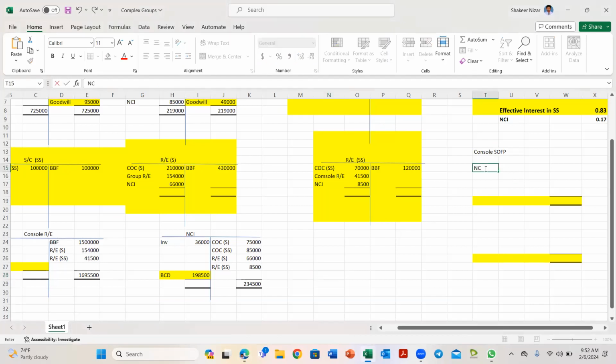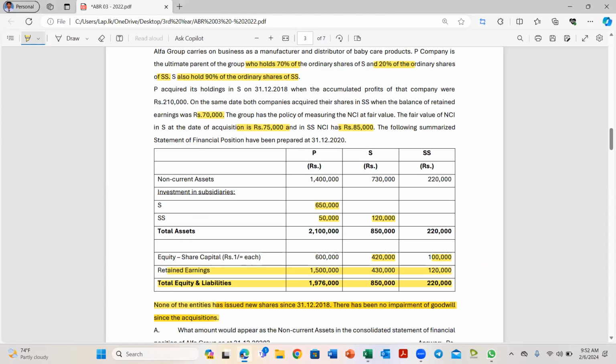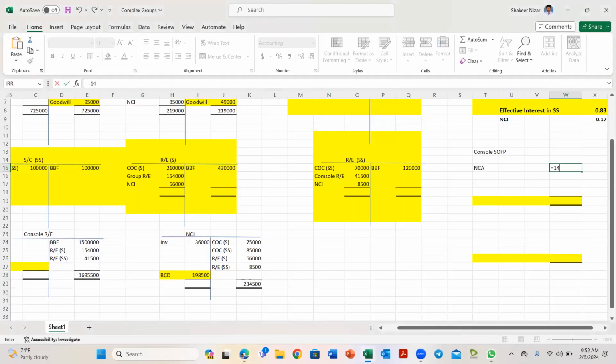Now we can fill up the balances, the non-current assets, on a line by line addition basis. Here write NCA, non-current assets, just line by line addition. We have 1.4 million, 730,000, 220,000, right? And the goodwill on business combination. What is the goodwill?